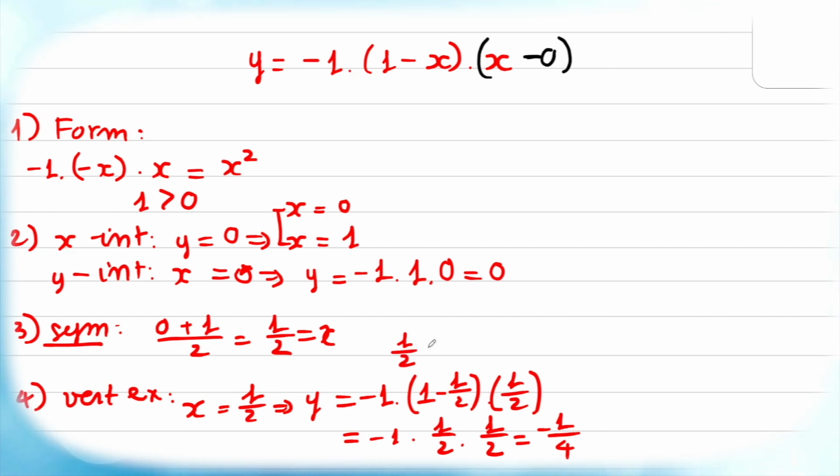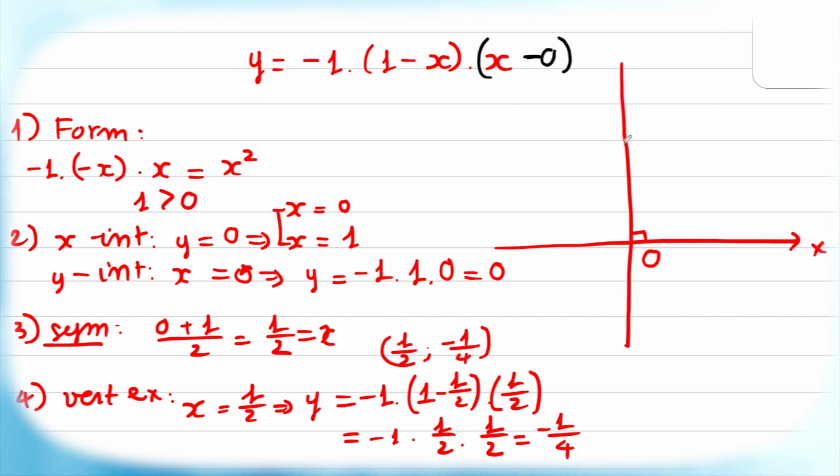So 1/2 and -1/4. The x-intercepts, you got 0 and you got 1. The symmetrical line will be 1/2, the midpoint between them. The vertex will be -1/4.